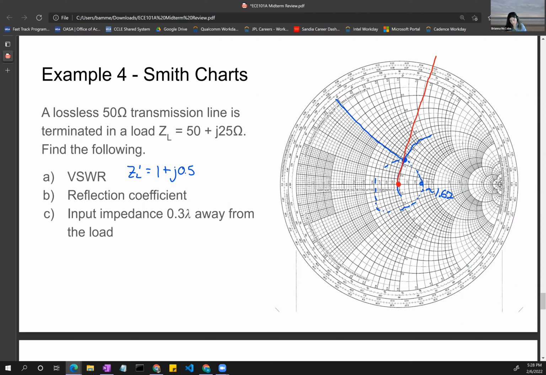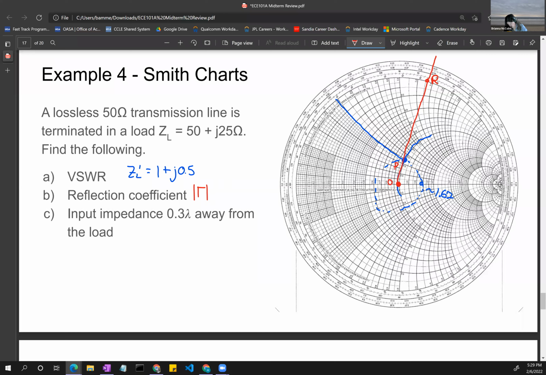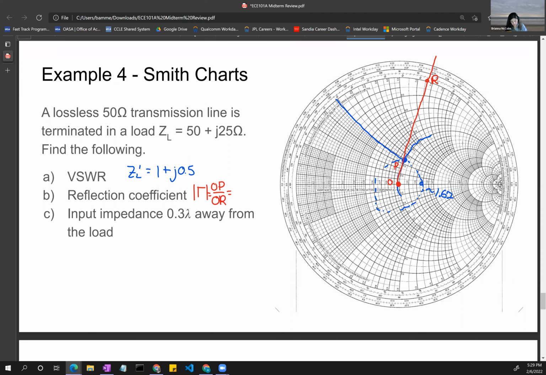The first is the center segment, which I'll call OP. The second is this longer segment, which I'll call OR. The reflection coefficient magnitude is going to be OP over OR. When I measured this ratio, I found it to be 0.285.